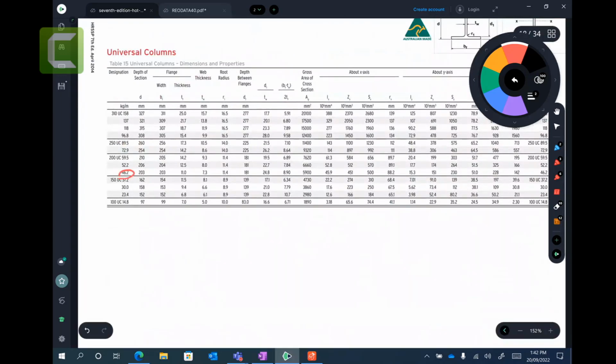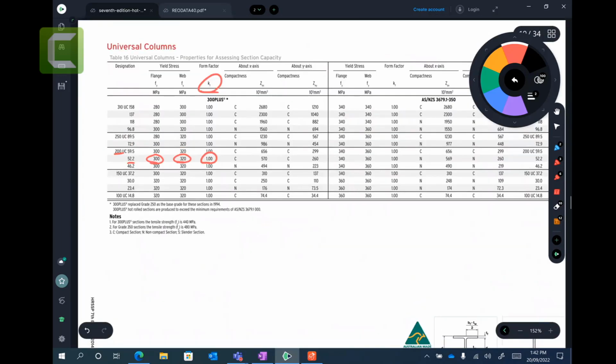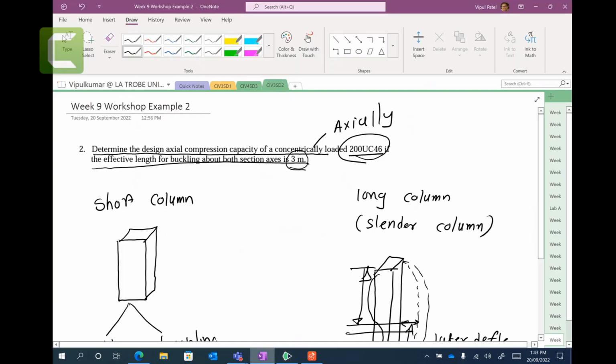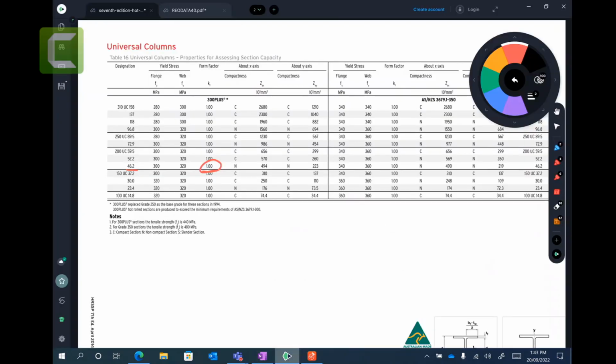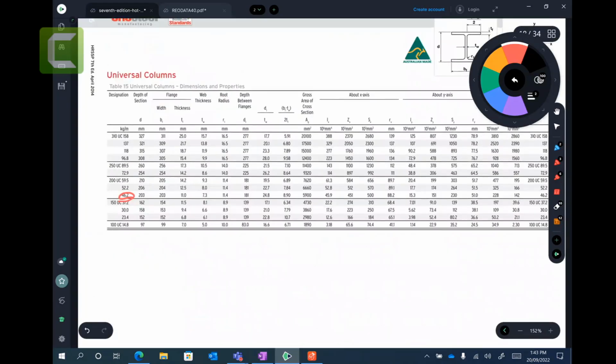Form factor is 1 from the OneSteel tables. Gross area of the 200 UC 46.2 is 5900.